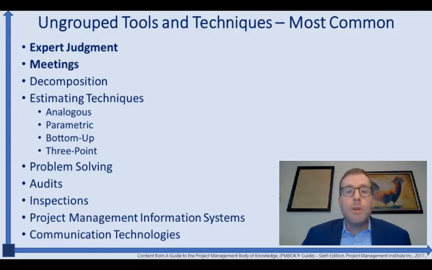We'll go through the remainder of the list because it is a short list. Things like decomposition, estimating techniques, problem solving, audits and inspections, project management information systems, and also communication techniques. So these are our most common ungrouped tools and techniques.